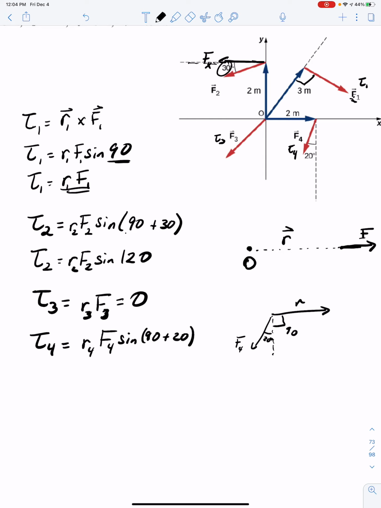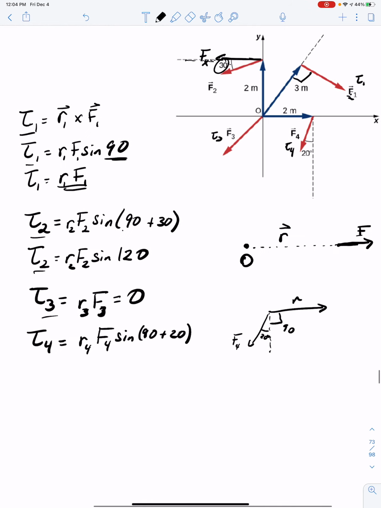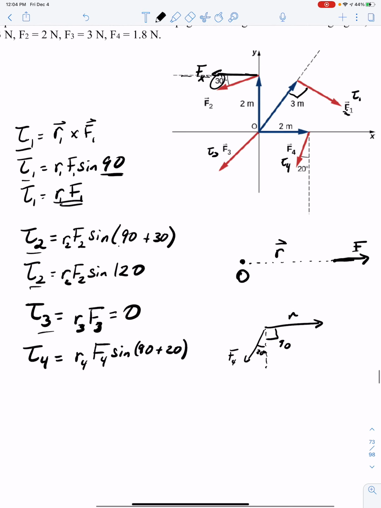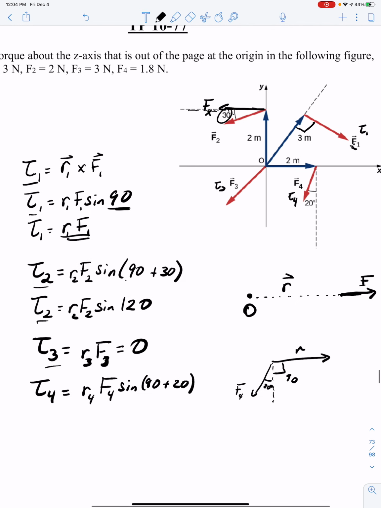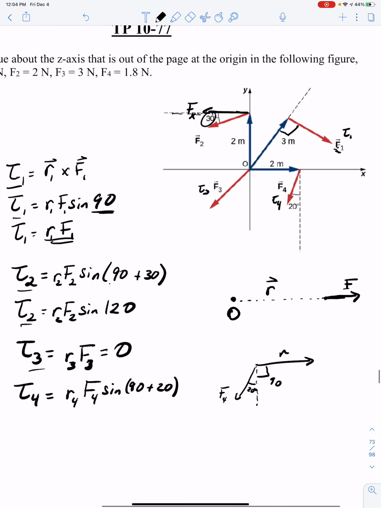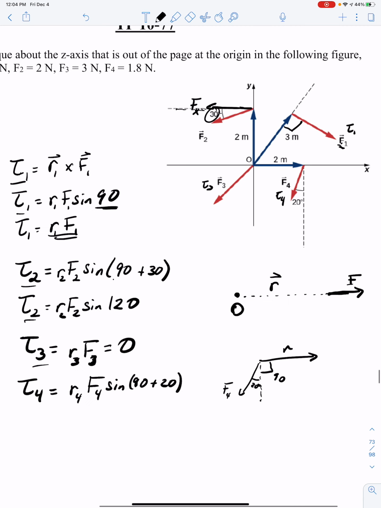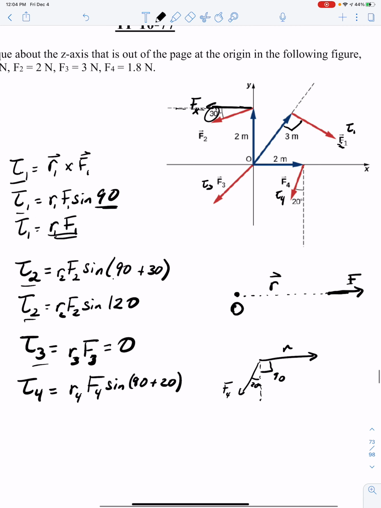Okay? And now you have identified all the separate torques acting on the system. But let's think about this. It's saying that this is out of the page at the origin. So if it's out of the page, it is coming out of the page and the direction of motion is clockwise.